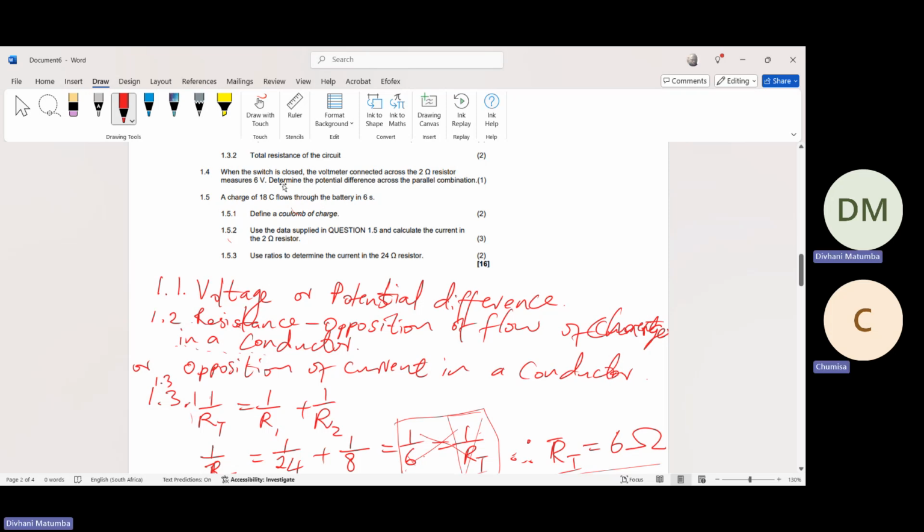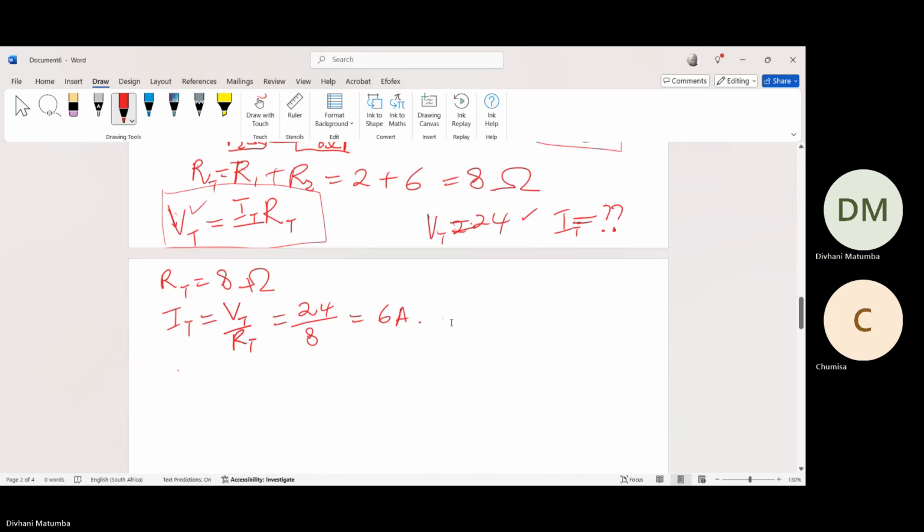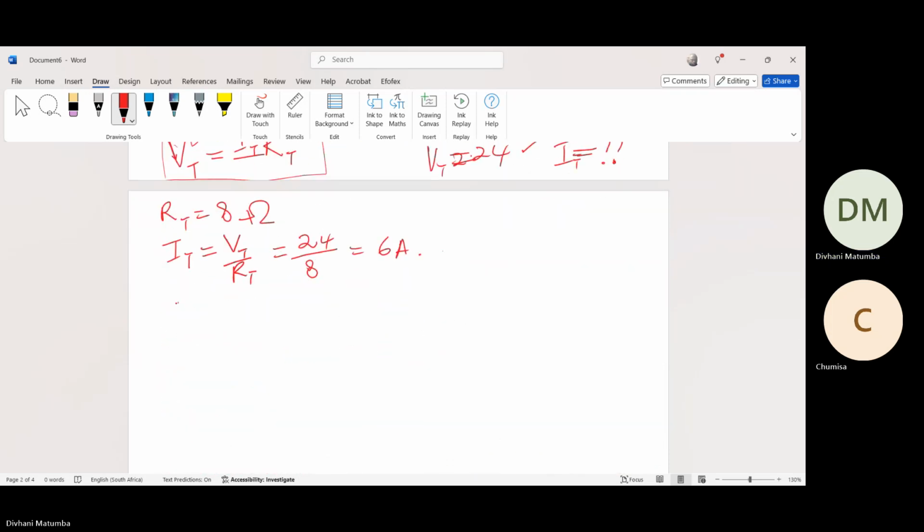No, not the total current, the potential difference. How do we calculate it? V is equal to resistance times current. Perfect.